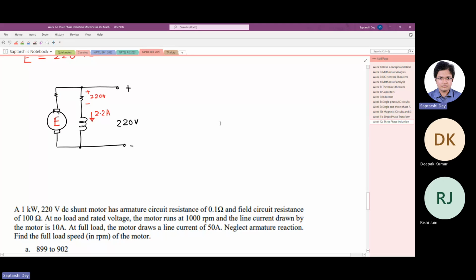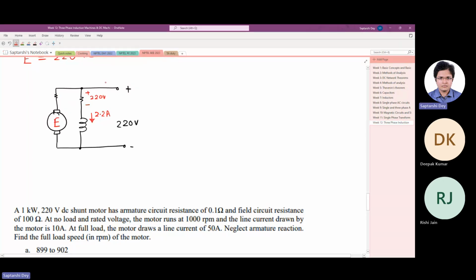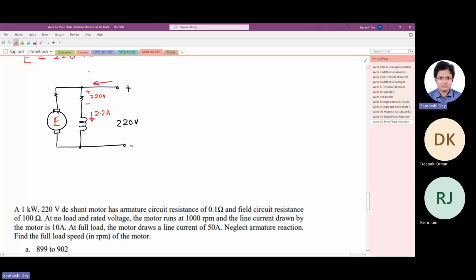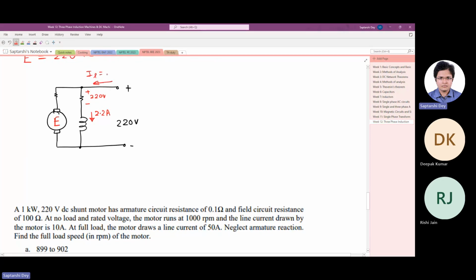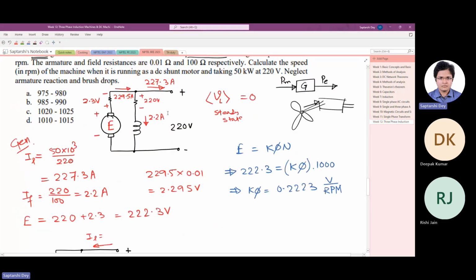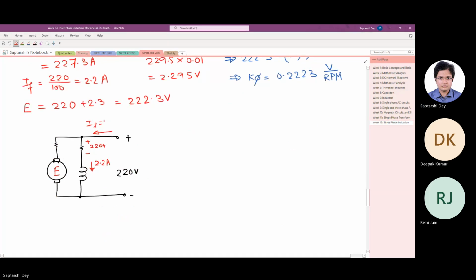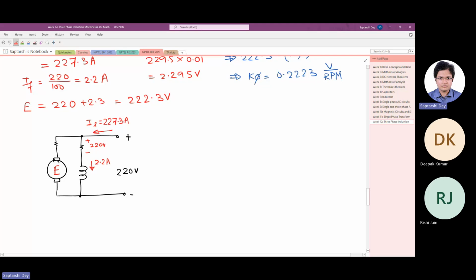Now it is taking 50 kilowatt, so the line current will remain the same as before. It is drawing 227.3 ampere current, of which 2.2 ampere goes away in the field.